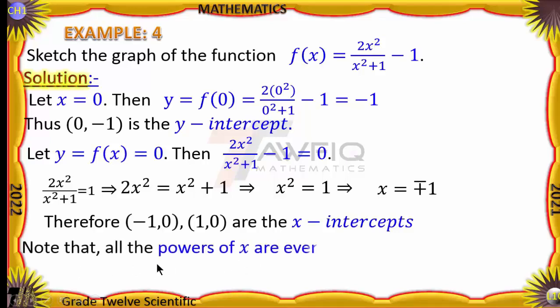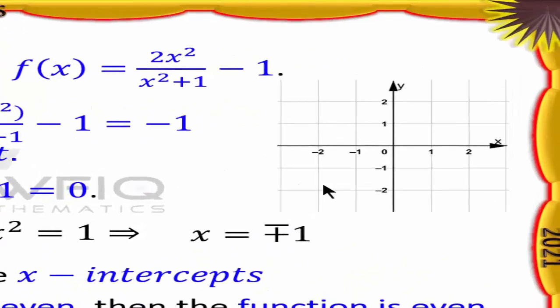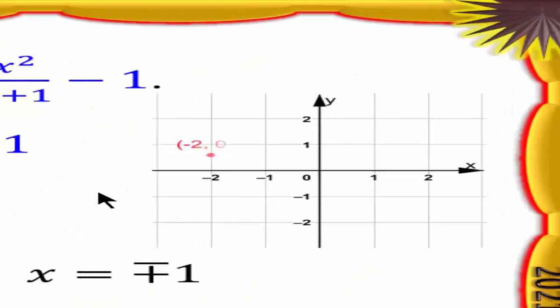Note that all the powers of x are even, then the function is even. And now, first of all, drawing one side, the left side of the function, we can see the function passes through (minus 2, 0.6), (minus 1, 0), and (0, minus 1).